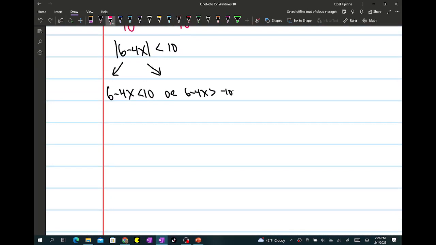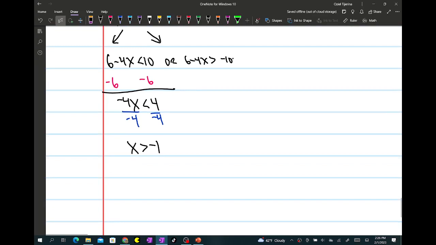So when I solve these two inequalities, I subtract 6 on both sides, and then I get negative 4x is less than 4. Then I'm going to divide by negative 4, and I get x is greater than negative 1. So when you divide by a negative, you always switch the inequality.